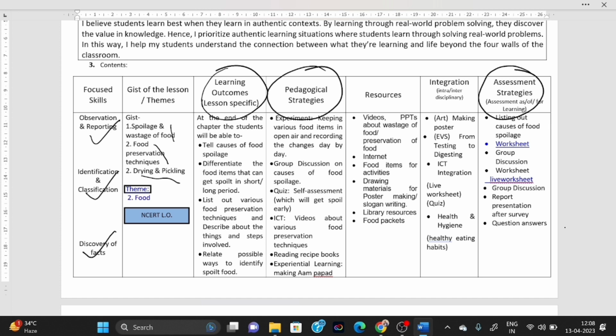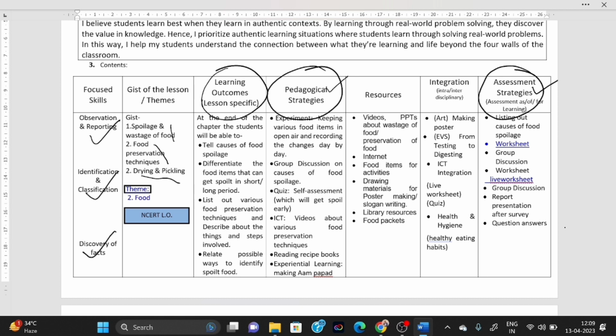It means for achieving a particular learning outcome, we have to design the lesson and adopt different pedagogical strategies, and to assess the learning outcome, we have to plan the assessment strategy. So all the 3 points should be interconnected. Let us see the pedagogical strategy we are planning for achieving these particular learning outcomes.